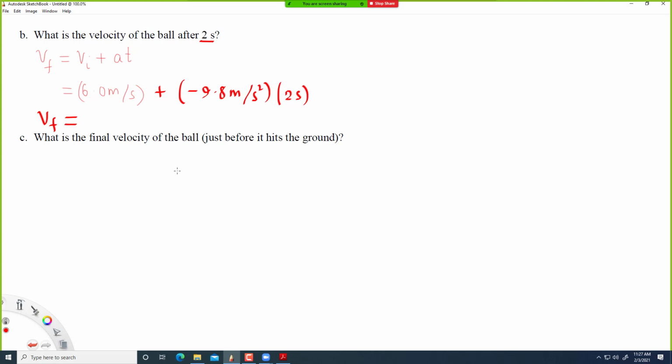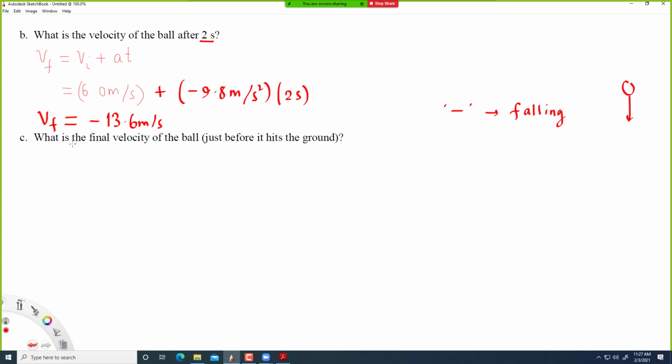Does anyone have the answer for this? Negative 13.6. That's good. So the negative sign again means it's falling. In 2 seconds, the ball would be falling.